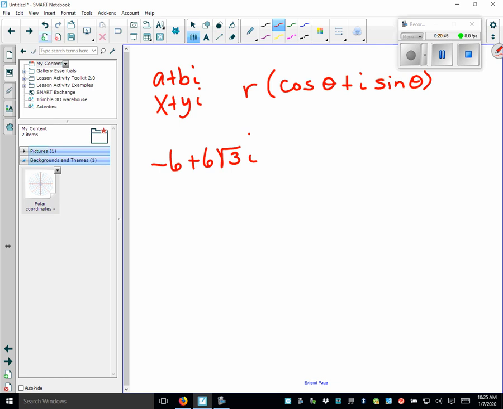Okay, all right, everybody agree R is 12 now? Yes. What is theta? What quadrant am I in? 2? All right, so I'm here.